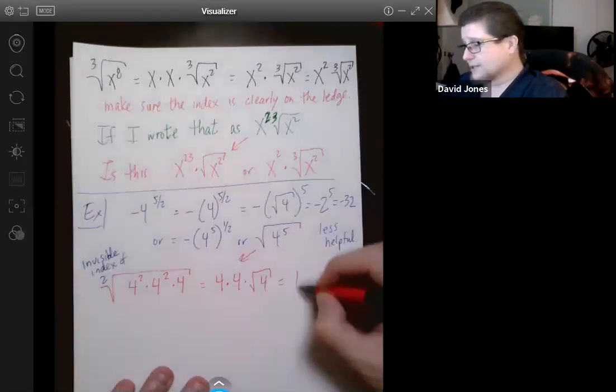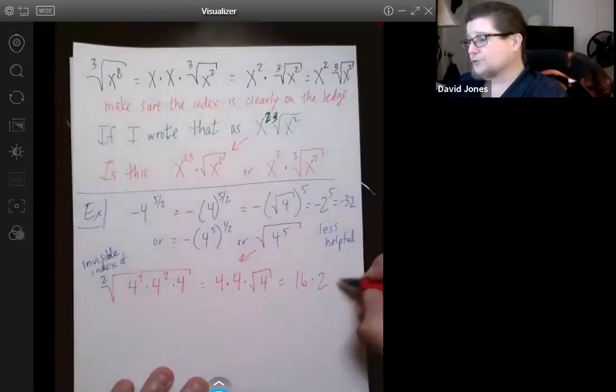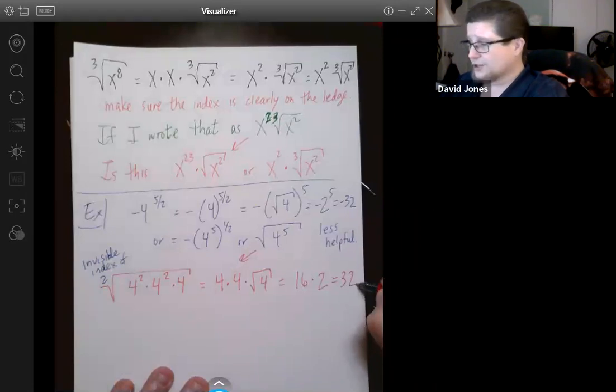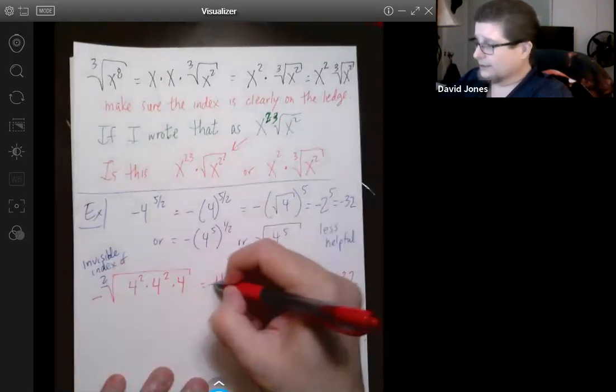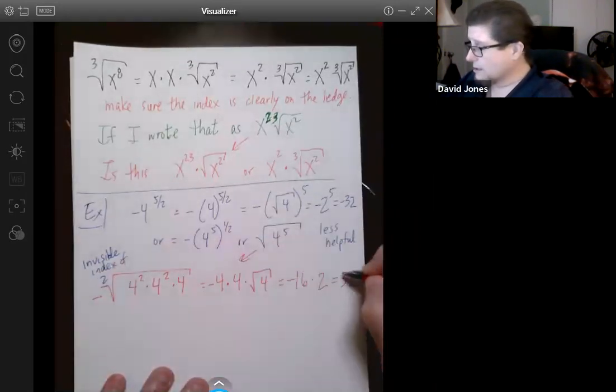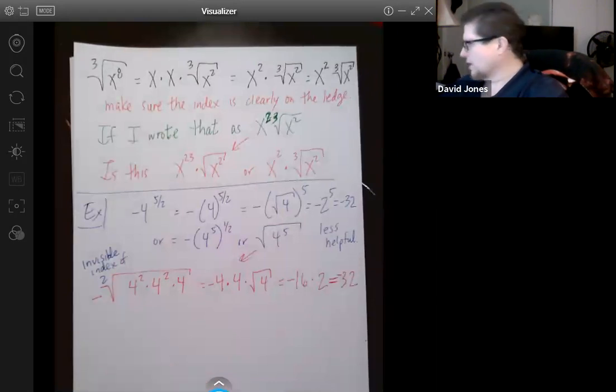And 4 times 4 is 16, square root of 4 is 2. That's 32, but I still have a negative sign out front. So it's workable.